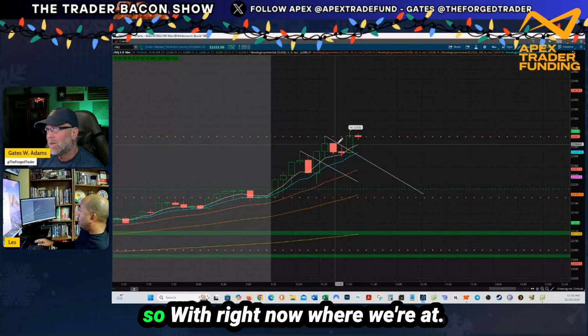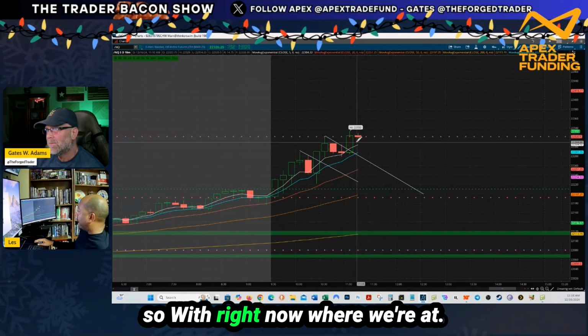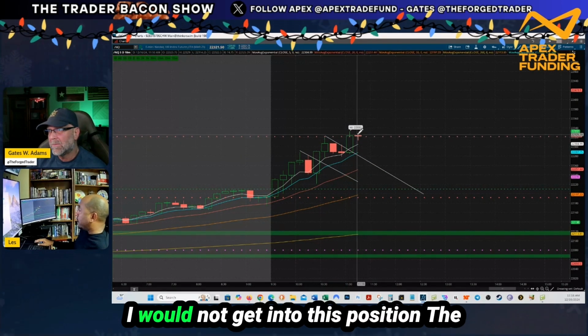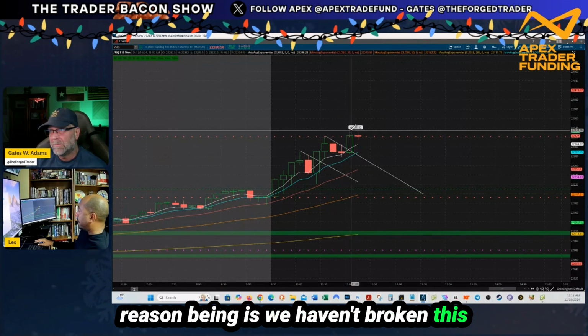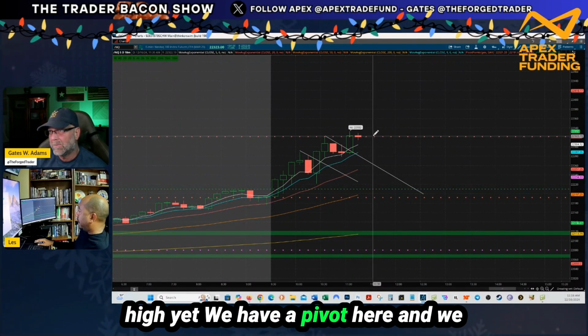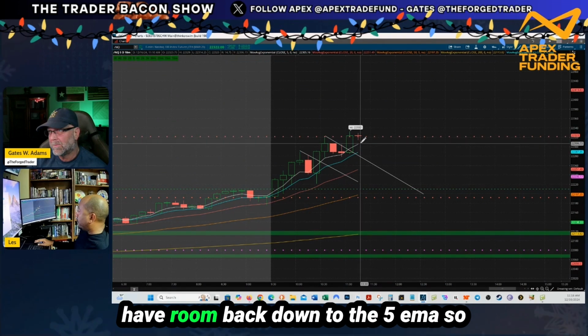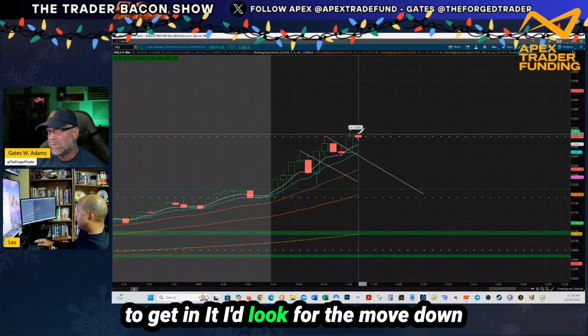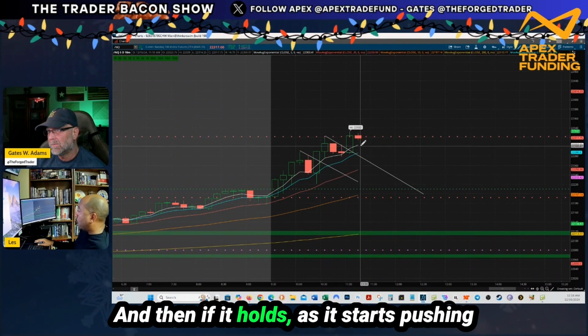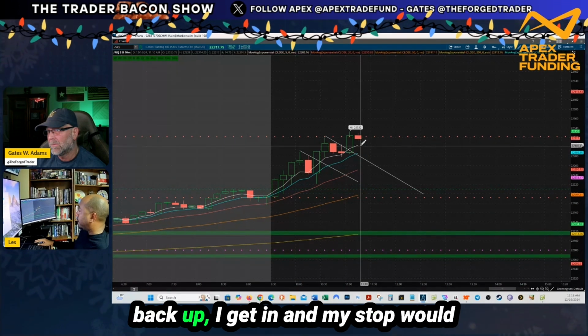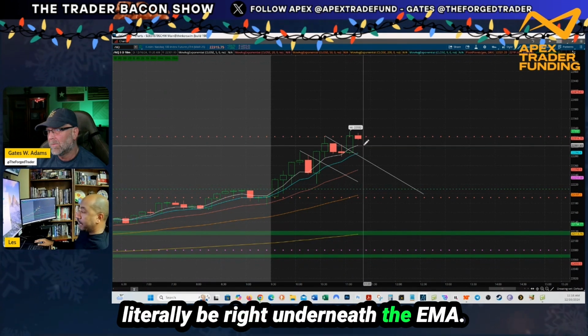Right. So with where we're at right now, I would not get into this position. The reason being is we haven't broken this high yet. We have a pivot here, and we have room back down to the 5 EMA. So to get in, I'd look for the move down to the EMA, make sure the EMA holds, and then if it holds as it starts pushing back up, I get in and my stop would literally be right underneath the EMA.